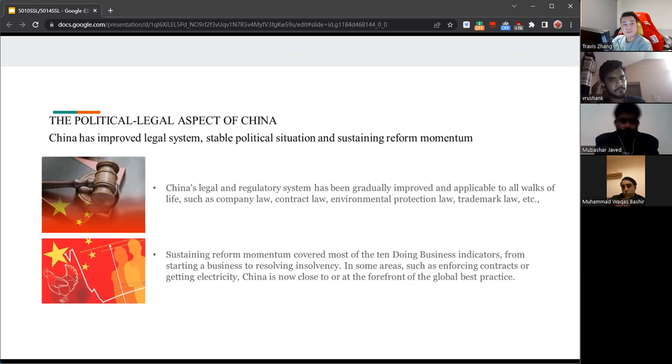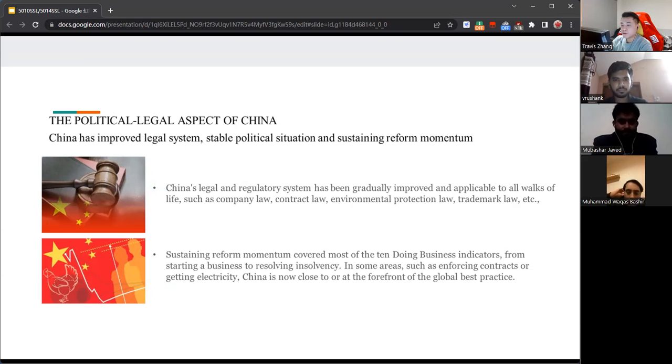Since the founding of New China, China's legal and regulatory system has been gradually improved and applied to all walks of life, such as company law, environmental protection law, and trademark law. The formulation of these laws and regulations provides a fair, standardized, safe, orderly, and harmonious environment for the development of China's business.